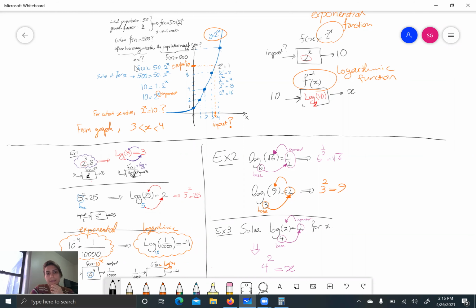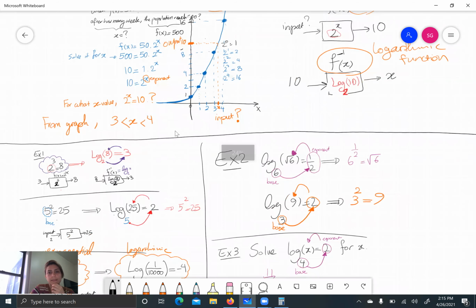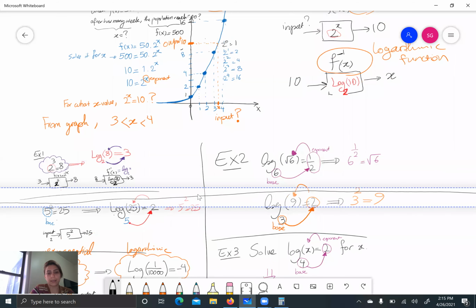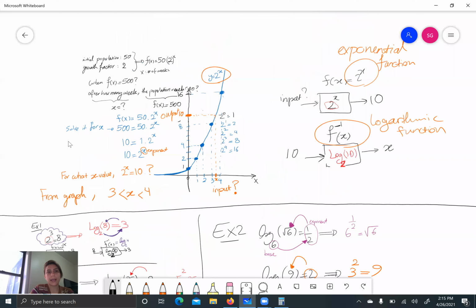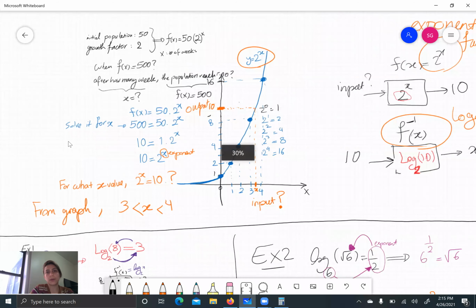On top of this picture, you see that we started this section with this scenario: suppose a population of flies is 50, and they grow every week. They become double every week, right? And then the question was, when does the population reach 500?